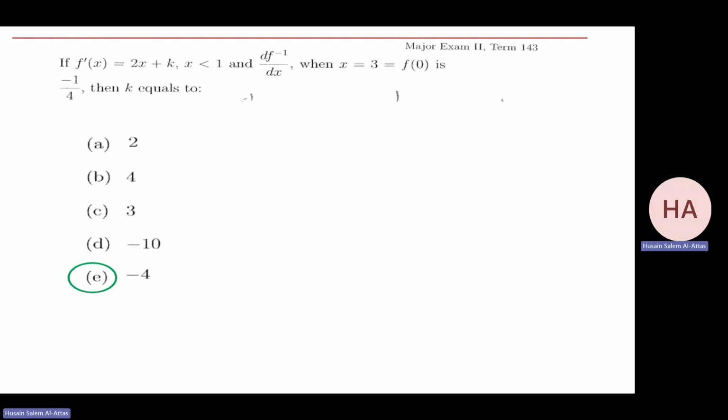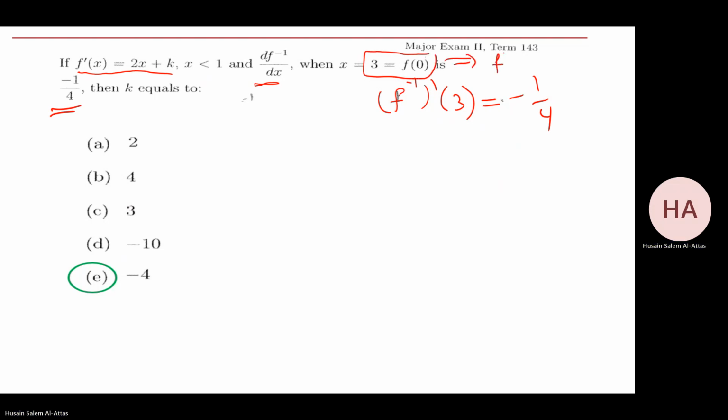Now, what we have here? This is f prime. I don't know what f is. You know f prime. And he gave us this information. That means what? f inverse prime at 3 is equal to minus 1 over 4, which is from here. Not only that, from here, I'm getting f inverse at 3 is 0.